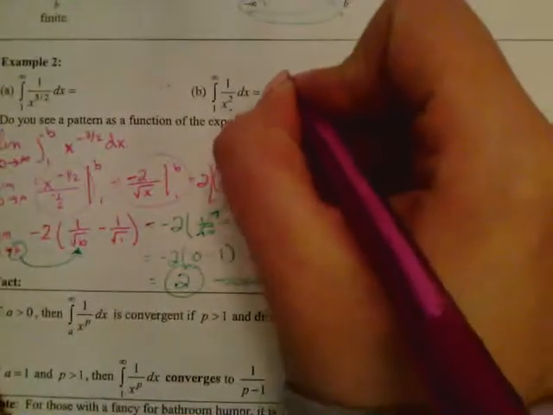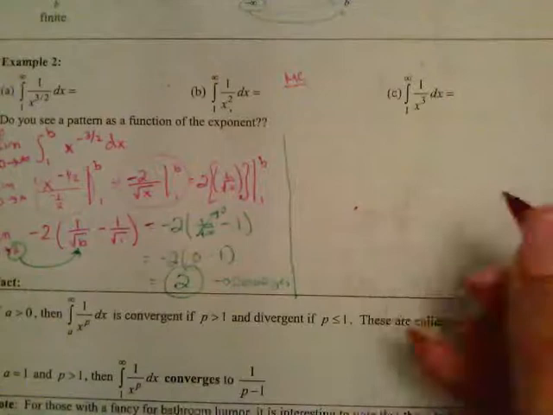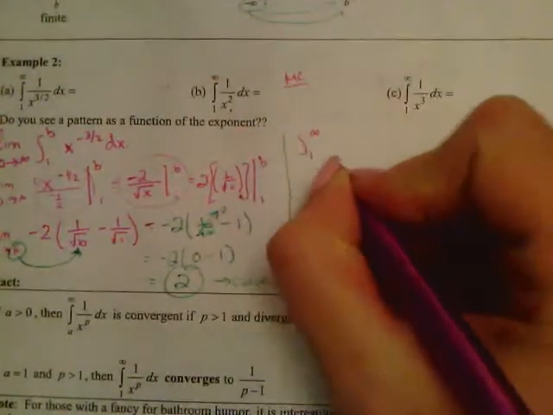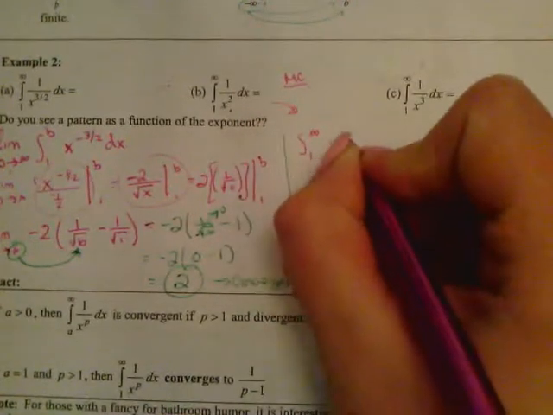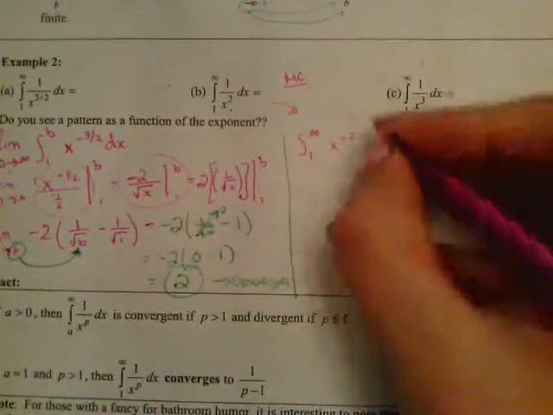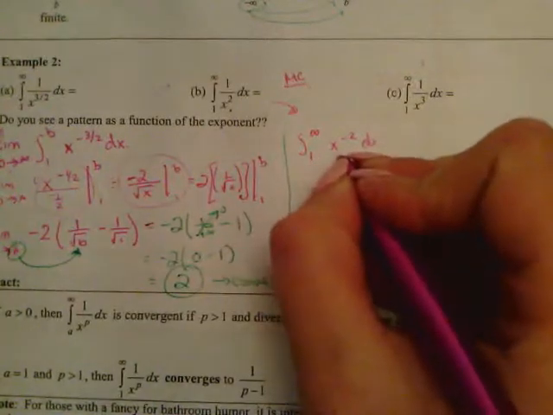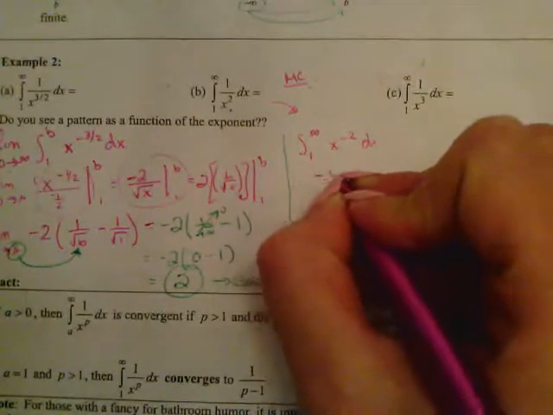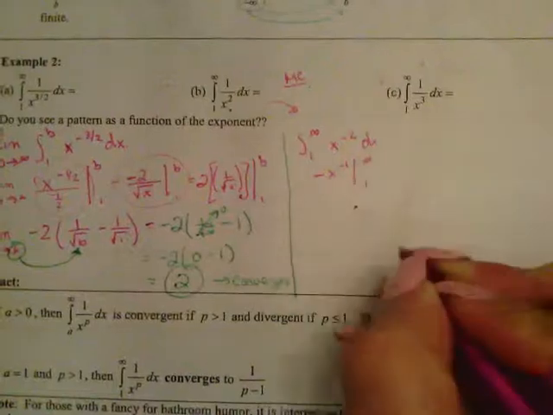Alright, so let's pretend that this was a multiple choice question and you're just doing the side work. Then this is still going to be just the integral from 1 to infinity. I'm going to rewrite this as x to the -2 because it's easier to find the integral of x to the -2. Now we integrate, so this becomes -x to the -1 from infinity to 1.